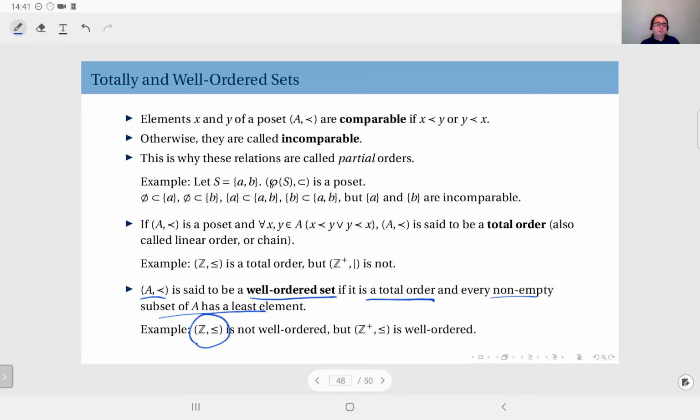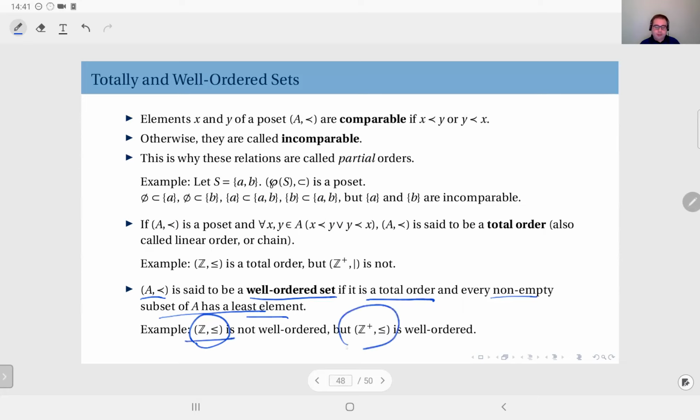Clearly that subset will not have a least element. Least element here corresponds to an element that precedes all other elements. Okay, so here the definition is not satisfied, so this is not well ordered.